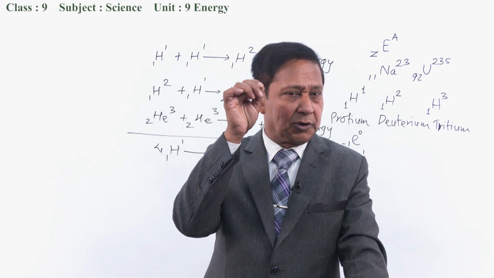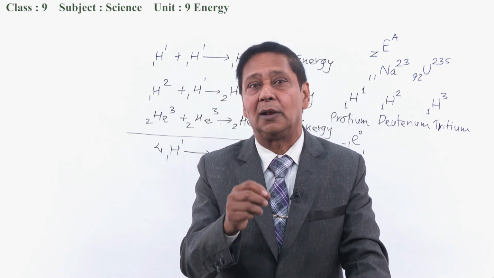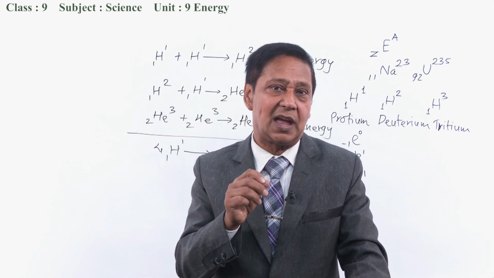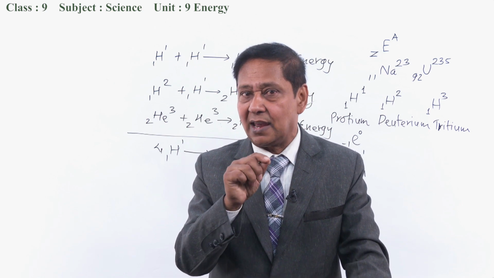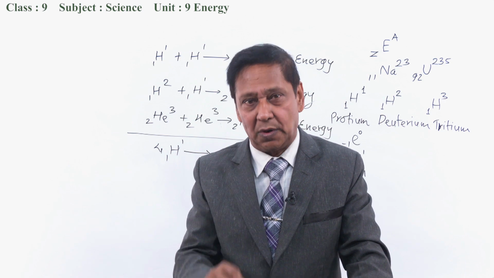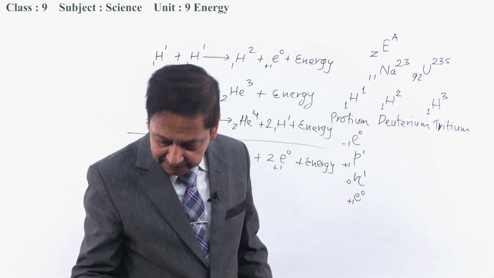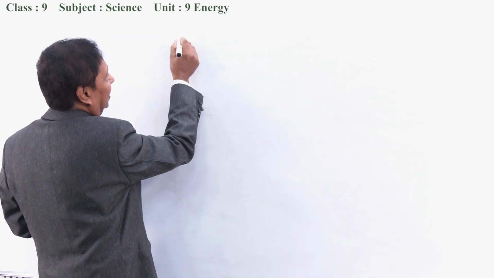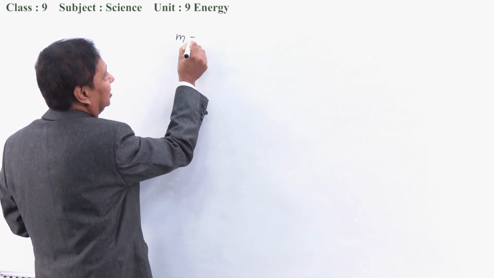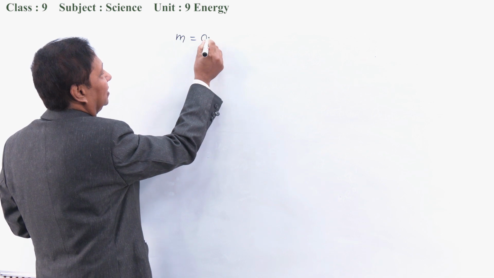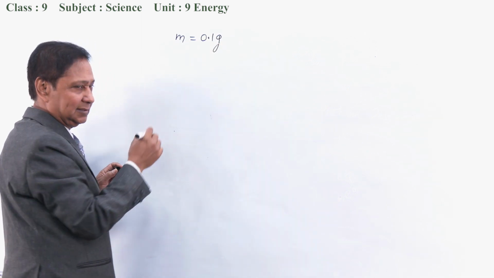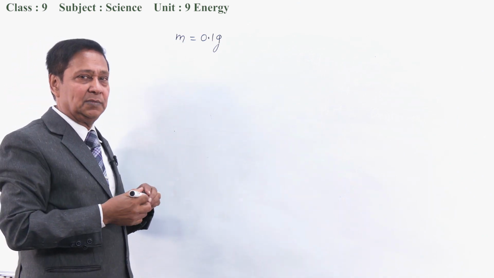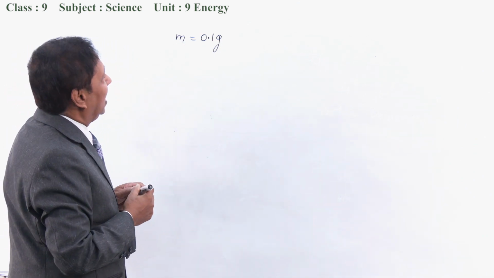Now, after all this, I want to solve one numerical problem related to the nuclear fusion reaction using Einstein's mass-energy equation. Okay, look at this. Let's say the destroyed mass in a nuclear reaction is 0.1 gram only, very less. 1 gram is very little, and 0.1 gram of hydrogen means very little mass.